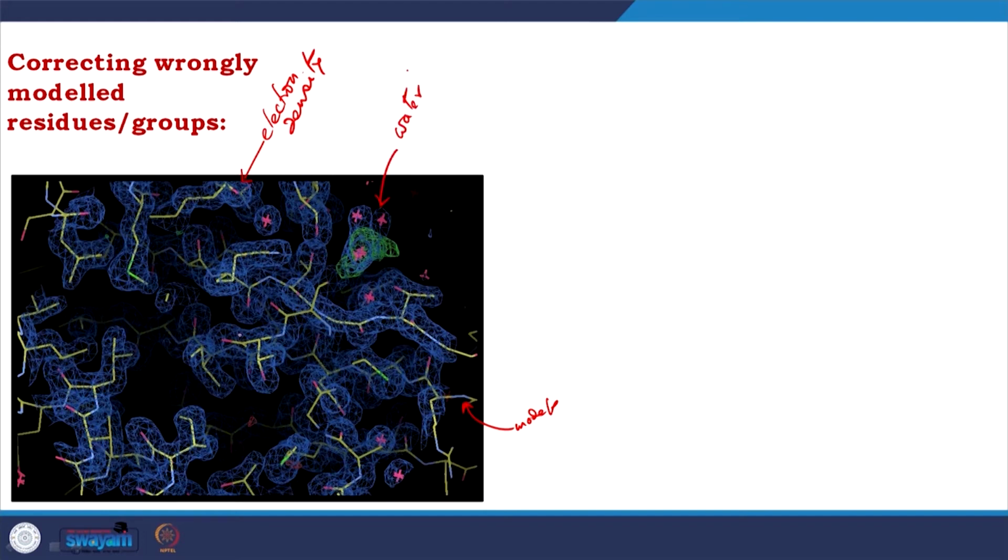Now, when you see green like that, you understand that something should be modeled which is not actually modeled.